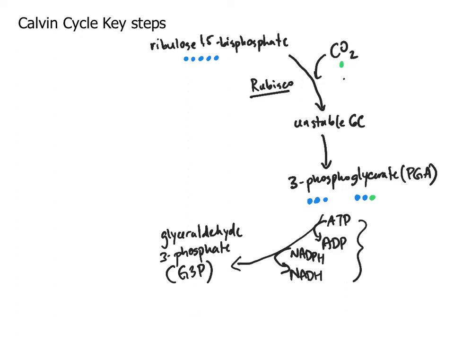And this is per PGA. You still end up with the 2 3-carbon molecules going from here to here.